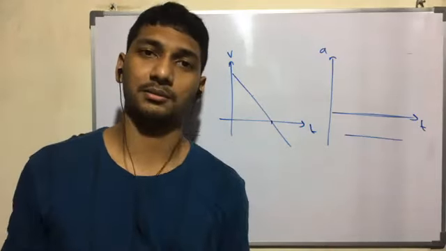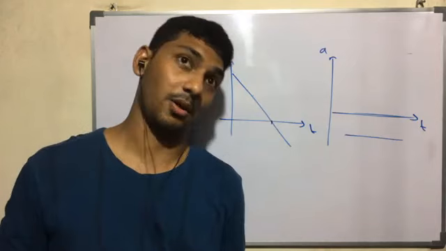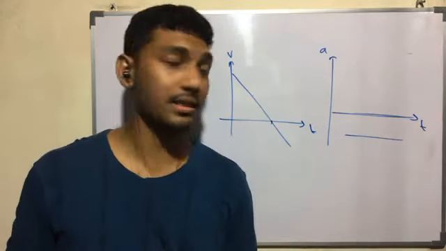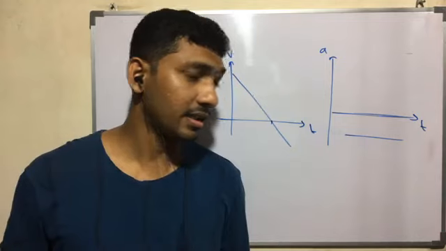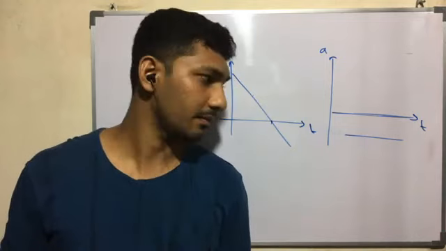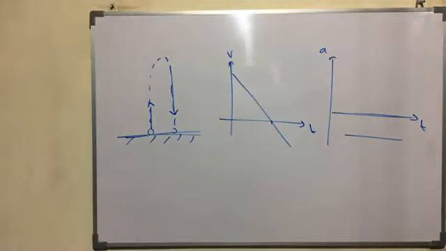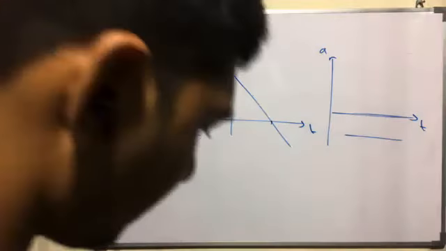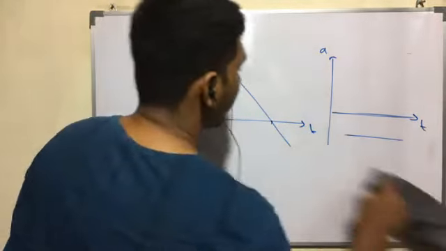Will it happen? Right or wrong? You can put T if it is true, F if it is false. Yeah, one answer came. That is actually false.